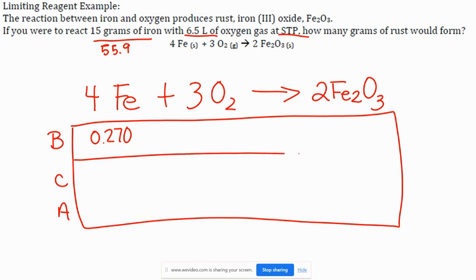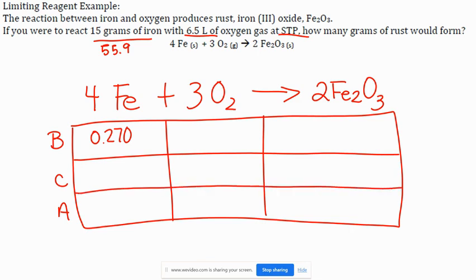Now, we are also starting with a certain amount of oxygen. We need to get that into moles.